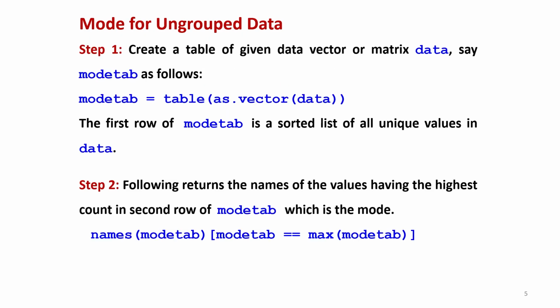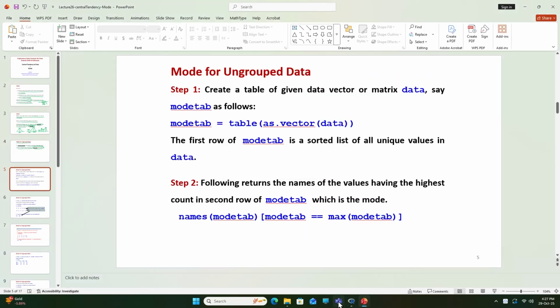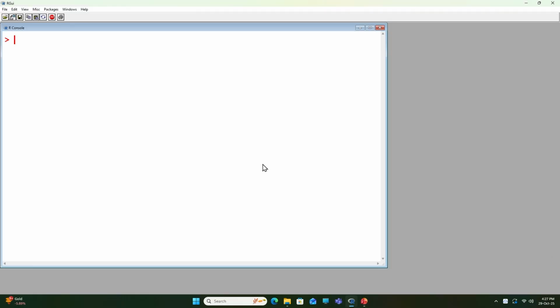So now the next question is, how are we going to find the mode in the R software? As I said, the mode is not available directly. But before I do anything, let me show you something, because it creates a lot of confusion. When you find the mean, it is given by mean, and the median is given by median. So people think, why would mode not give us the mode?